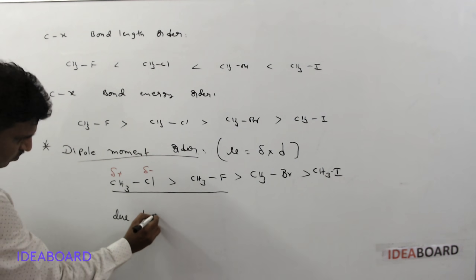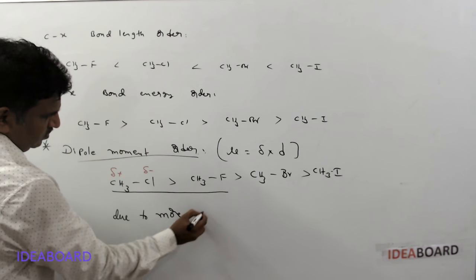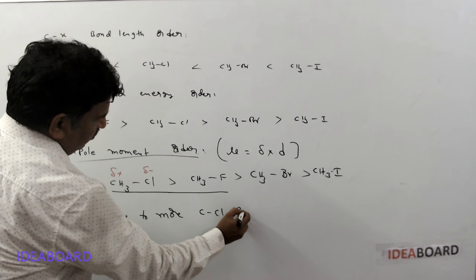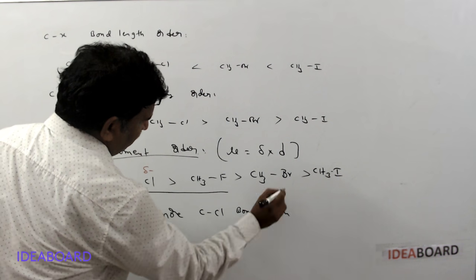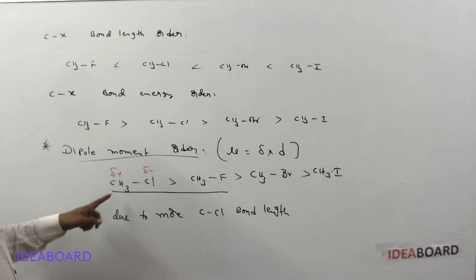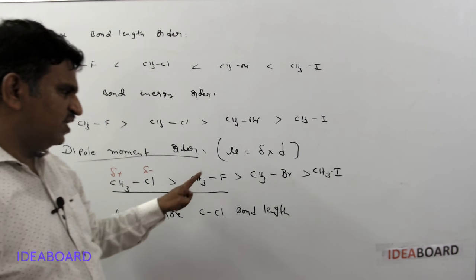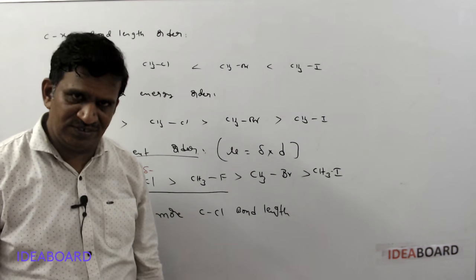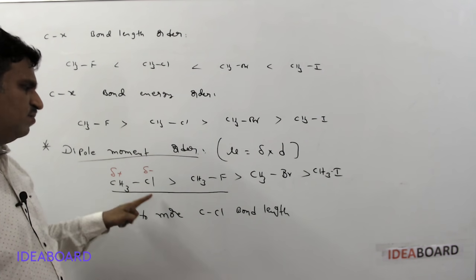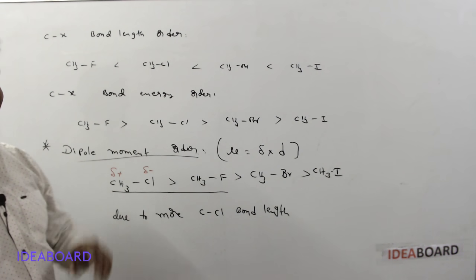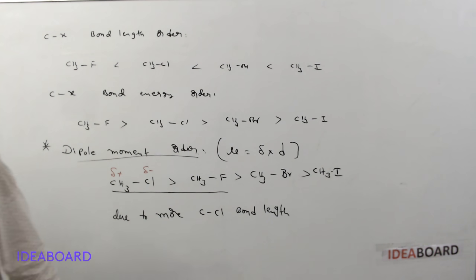Due to the longer CCl bond length, the dipole moment of methyl chloride is more than methyl fluoride. That is the reason for the higher dipole moment of chloromethane than fluoromethane.